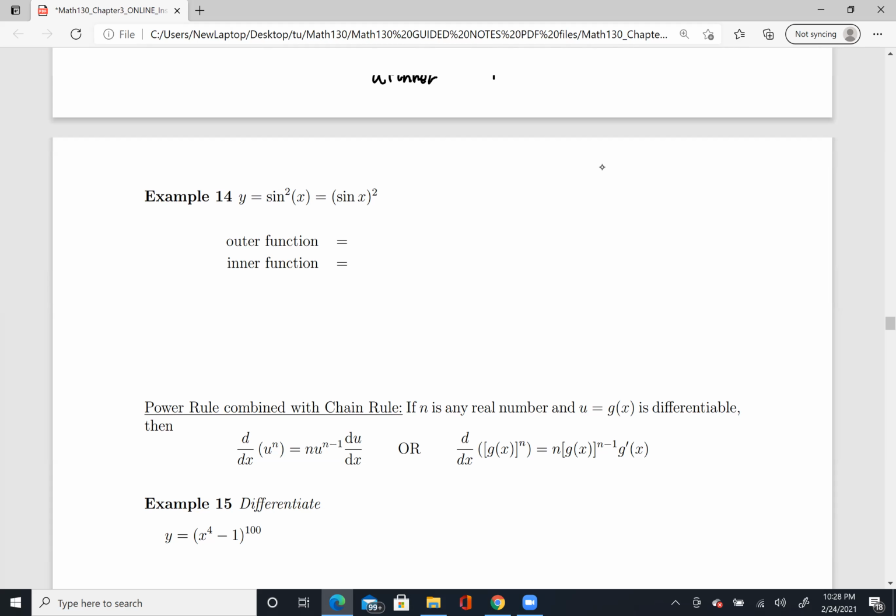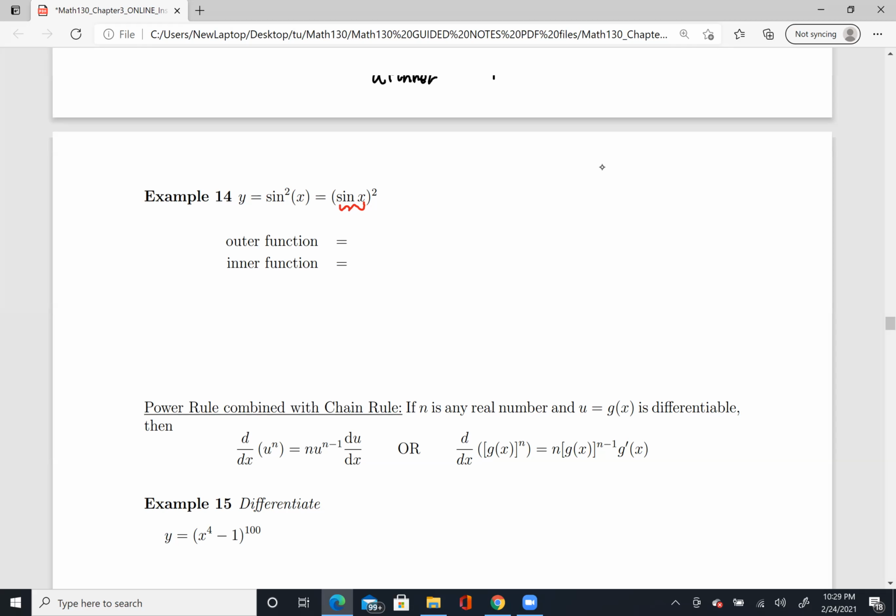So let's see. I have y equals sine x squared. You can think that when you look globally, it is actually something squared, like a u squared.